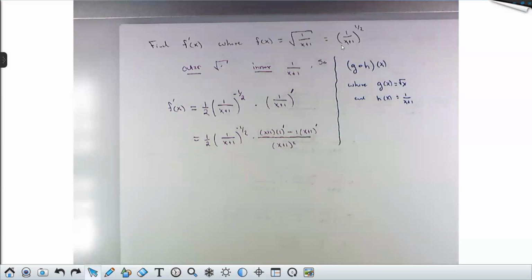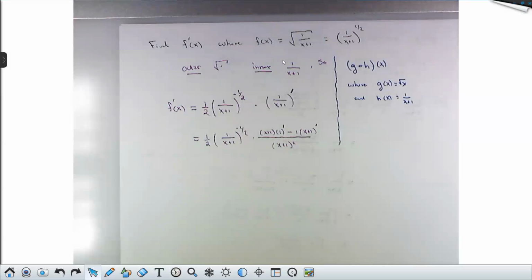Okay, I'm a little bit confused about this just because for the rest of them, it didn't feel like we were plugging in the inner into the outer. Well, it's not that we are plugging them in, it's that that's what this function is, right? This function is this function plugged into the square root function. That's how we identify the inner and the outer. That's what we mean by inner and outer, is that if you plug this into this, you get our function.